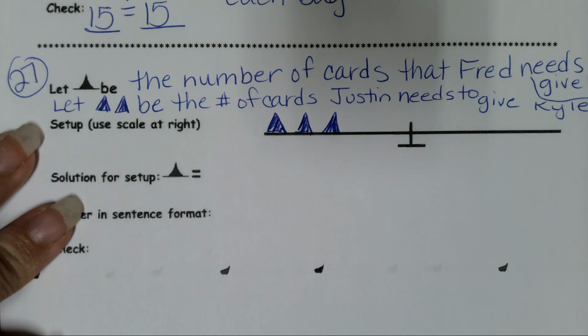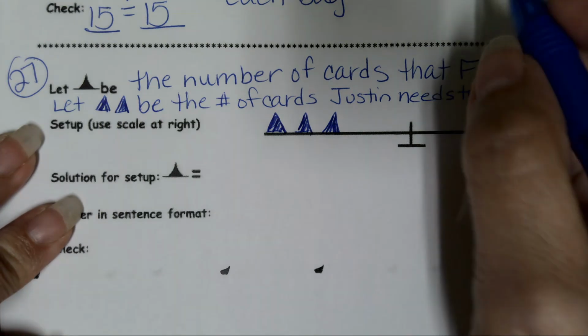And we know that Marcy has 35 cards and Kyle has 5 cards. And they want Kyle to have enough cards to equal Marcy's. So if he already has 5, how many more does he need to be able to equal Marcy's? Well, that's going to be 30.